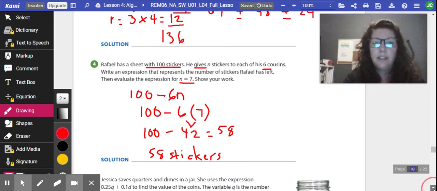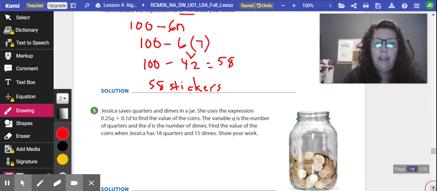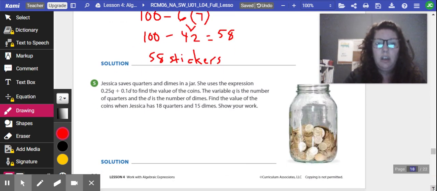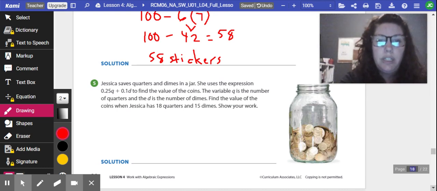Okay, so the last one, number 5, you're going to do on your own. So let me set you up real quick. Jessica saves quarters and dimes in a jar. She uses the expression, excuse me, of 1/4 Q plus 1/10 D to find the value of the coins.